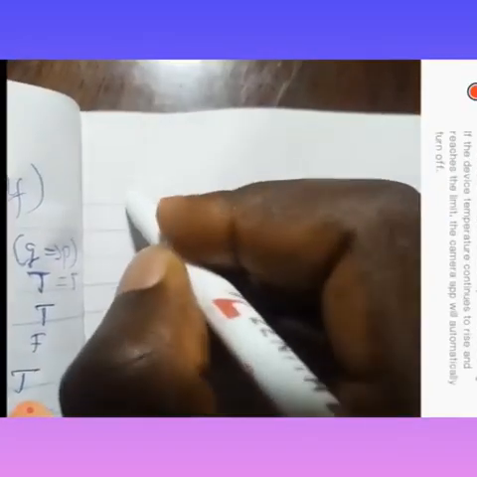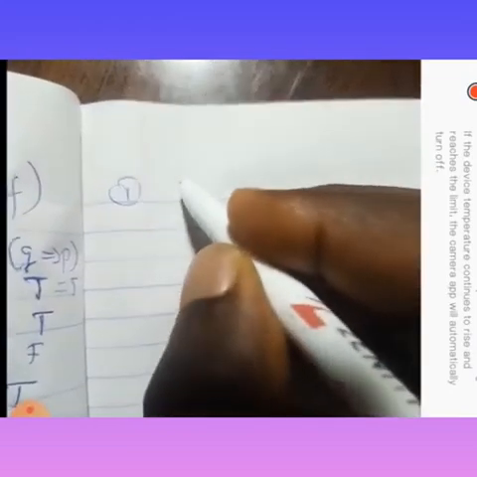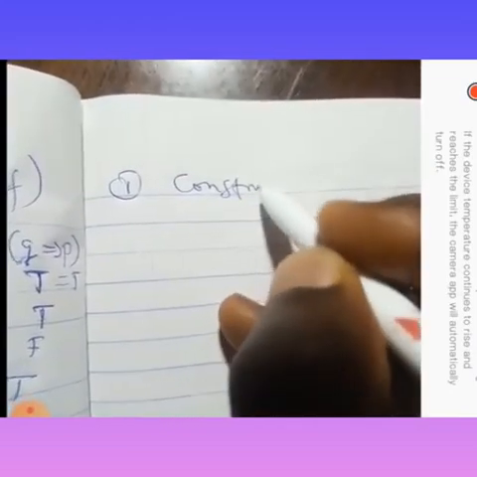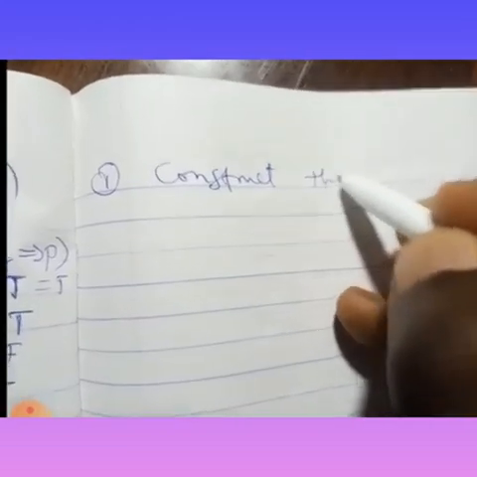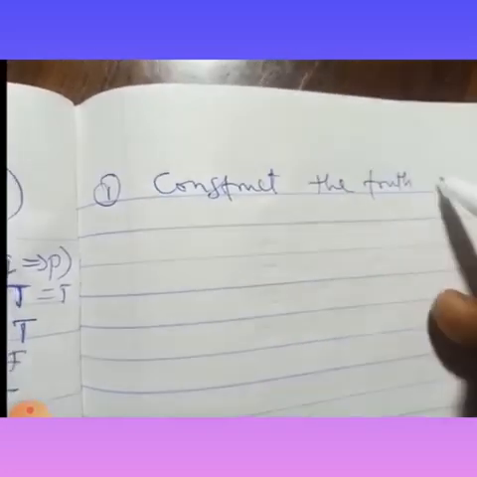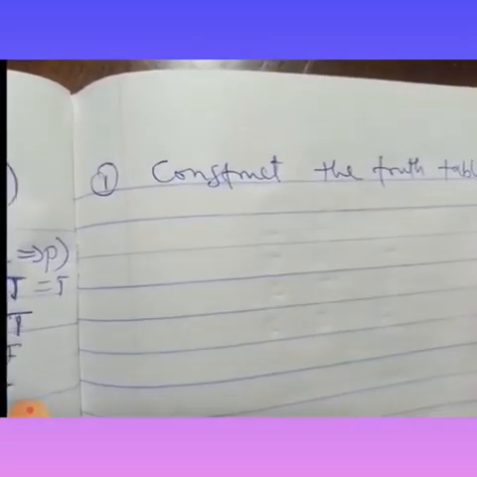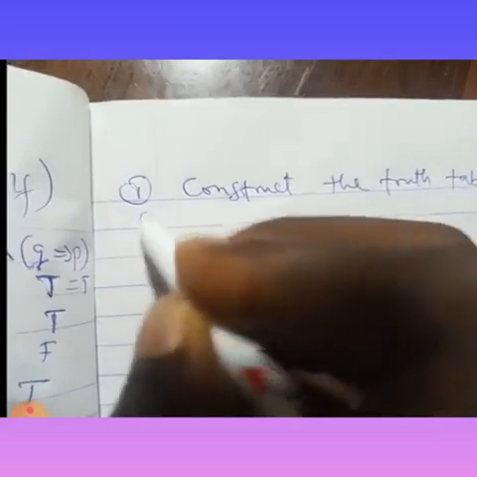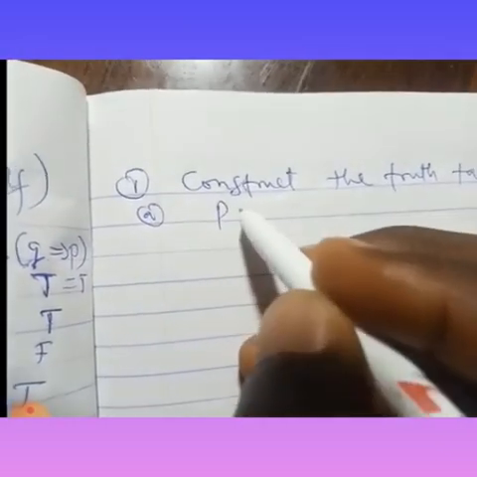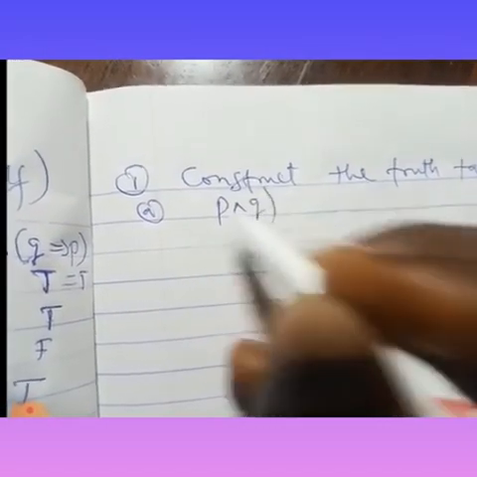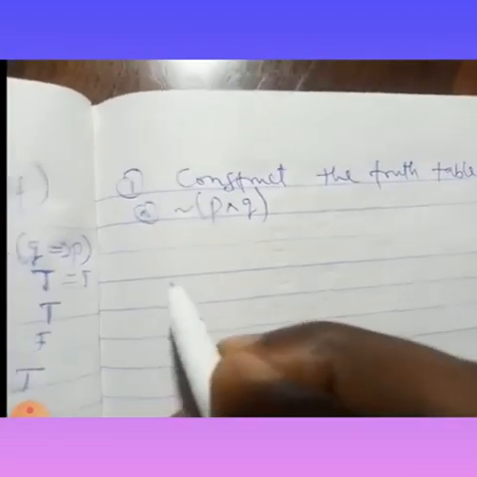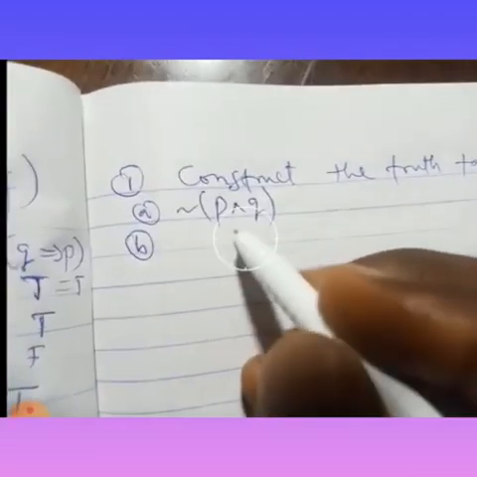All right, let's look at 2 or more examples under this. The first one, we are asked to construct the truth table for, let's say, negation of P and Q. Let's also use De Morgan's law.